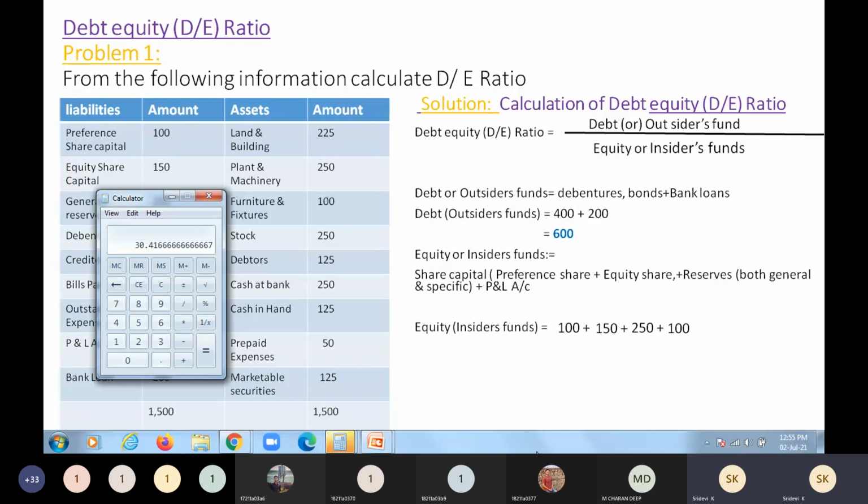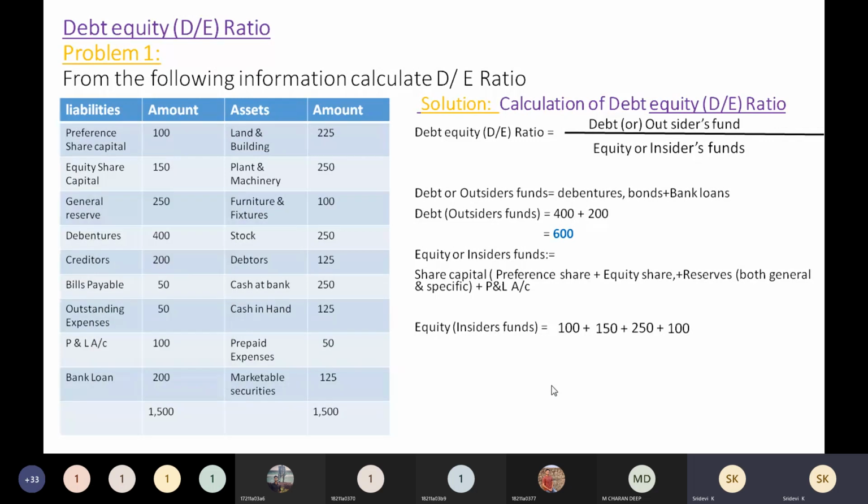How much are we going to get? Let us see. 100 plus 150 plus 250 plus 100. So 600 we got. So this is also 600 rupees.